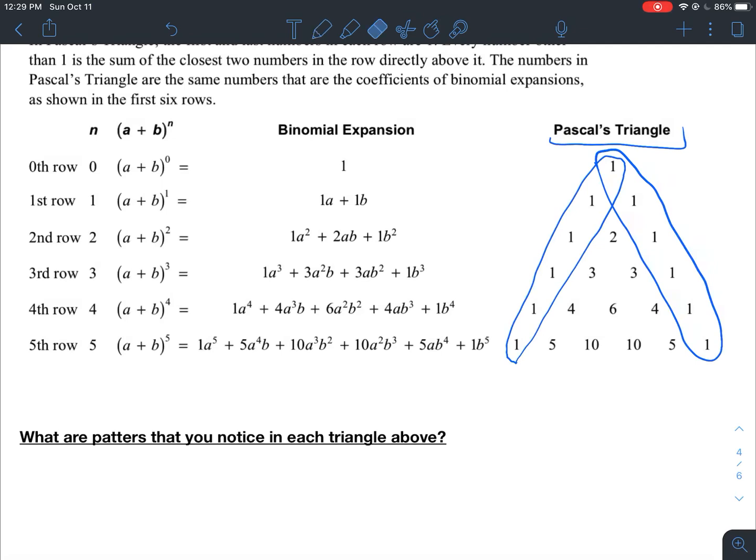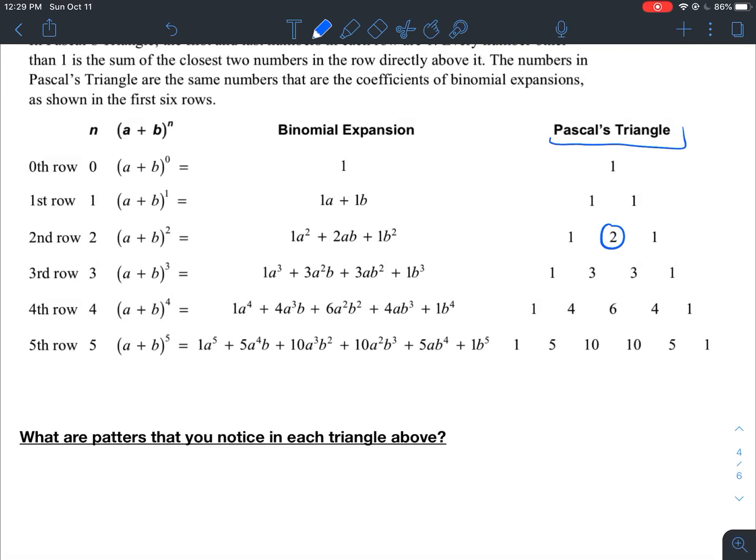Now let's look at the coefficients that are in the middle of the triangle. So what do you notice about this right here? And let me add this upside down triangle right here. Notice that the 2 is the sum of these two numbers above it. 1 plus 1 is 2. Okay, let's look at this 3. Let's do the same thing.